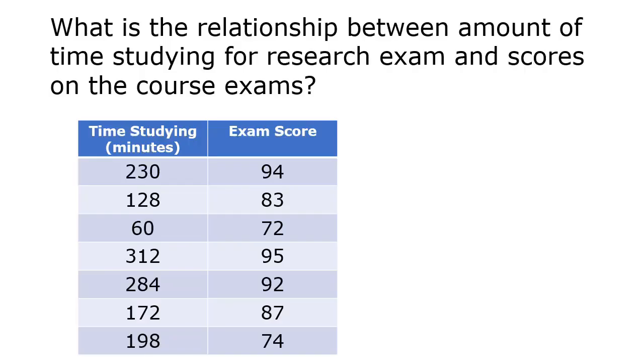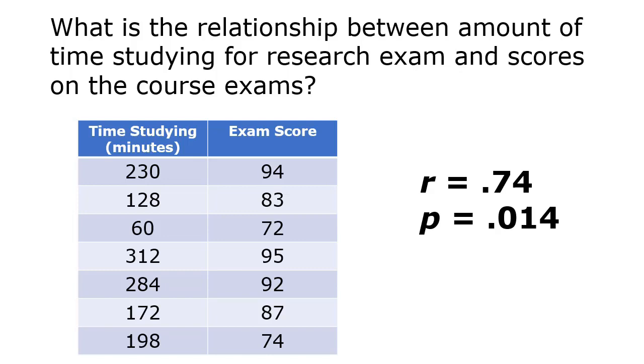Okay, so let's take a closer look at this and talk a little bit about some of the important values associated with correlations. Again, as I mentioned, degree of correlation is communicated with a value between +1, which is a perfect positive relationship, and -1. Here's a graph that shows the relationship between amounts of time studying for research exams and scores on the course exam.